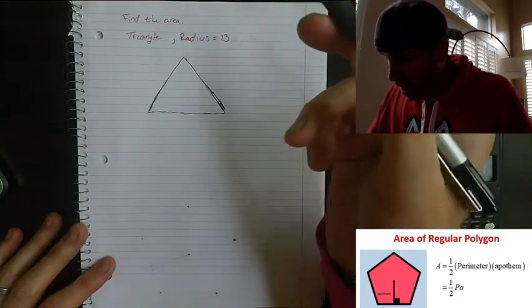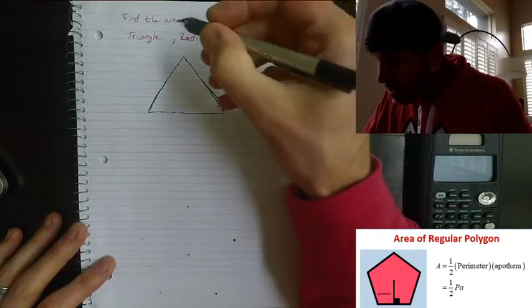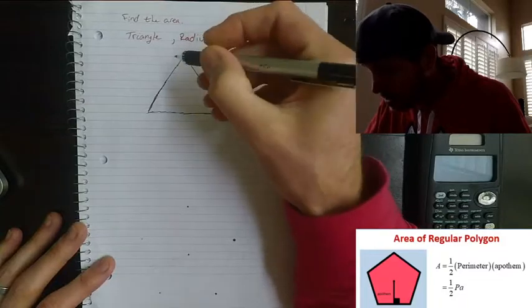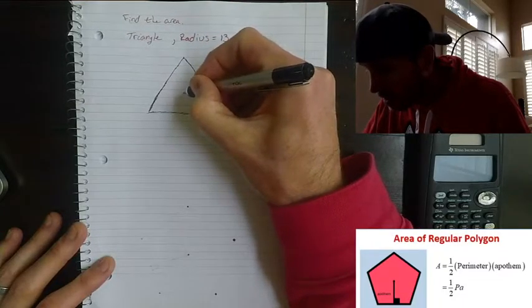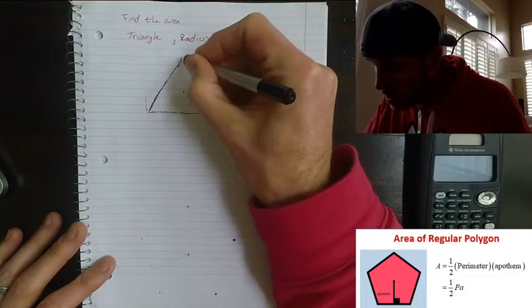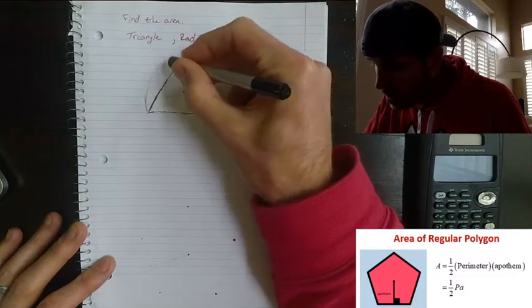And we recognize the radius is 13, which means from here to here, because we're going to have that circle sketched around like so.